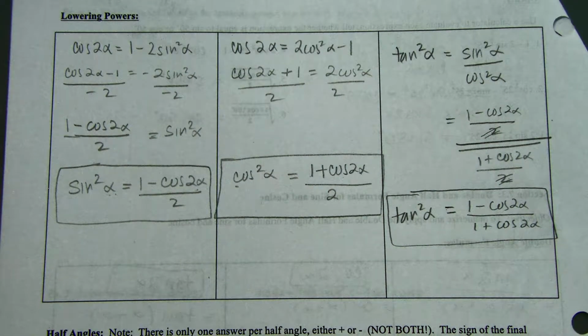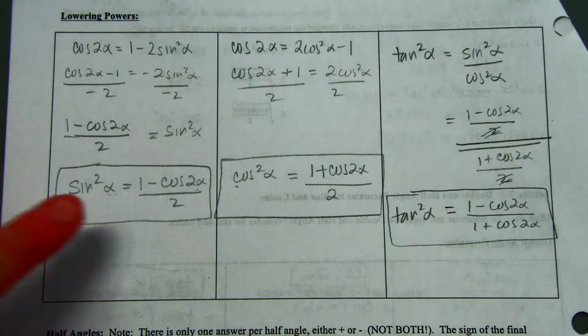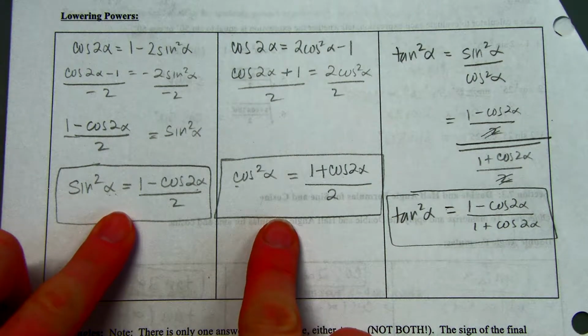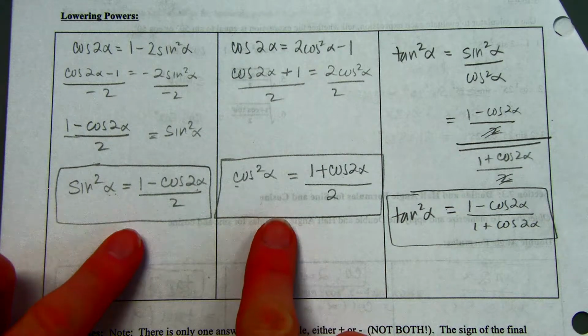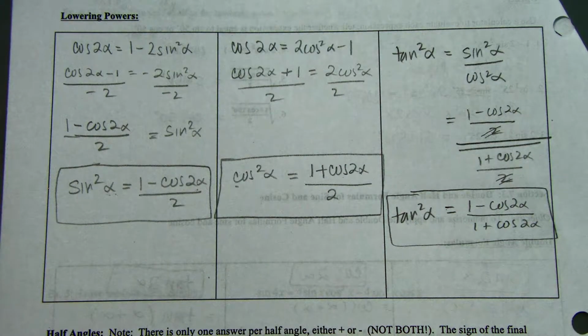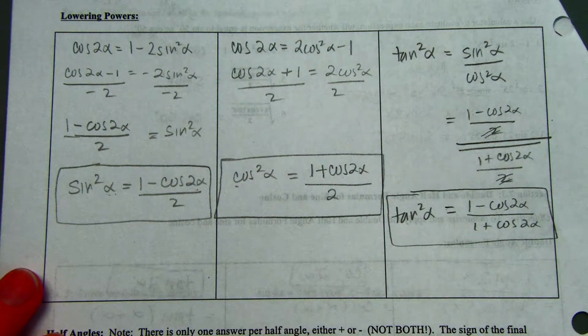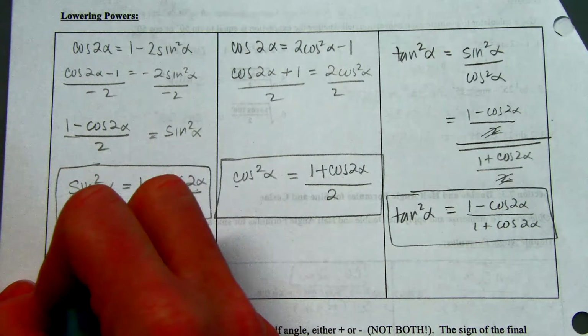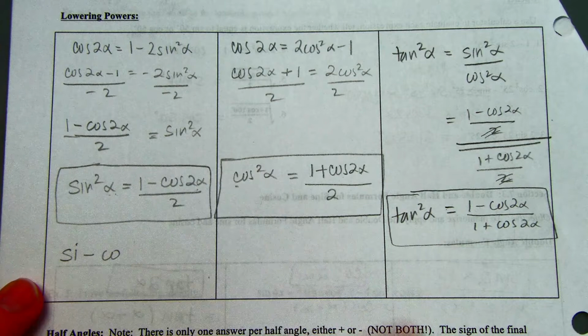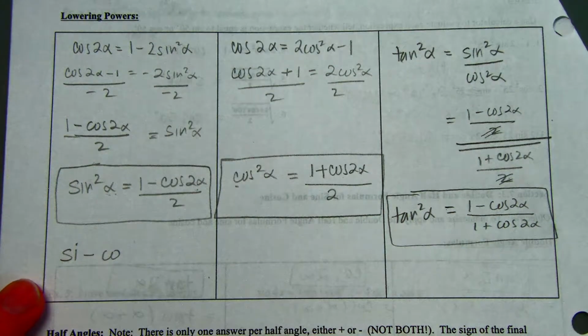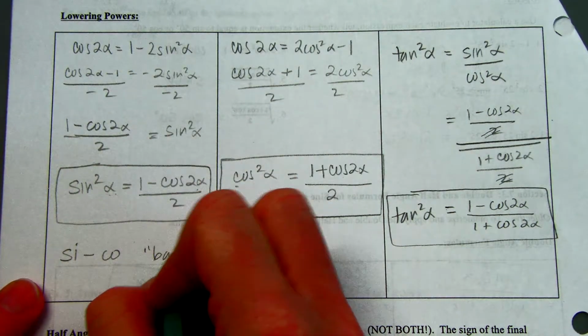Like I said, in calc, these are going to be called the half-angle formulas. And there's a silly thing you can use to remember them. I don't memorize all of these formulas. Either I derive them or I remember some silly little thing. For this one, if you remember, psycho is bad, negative.